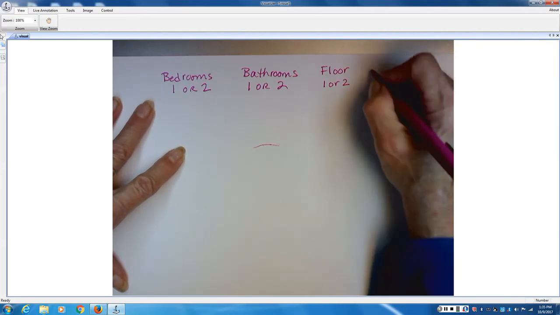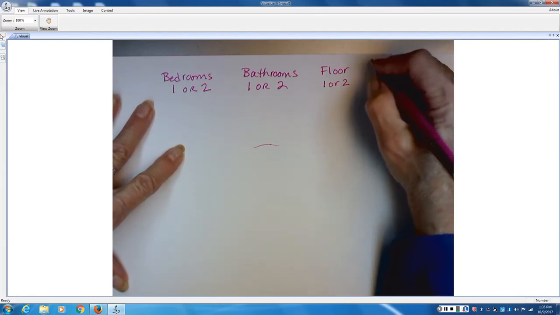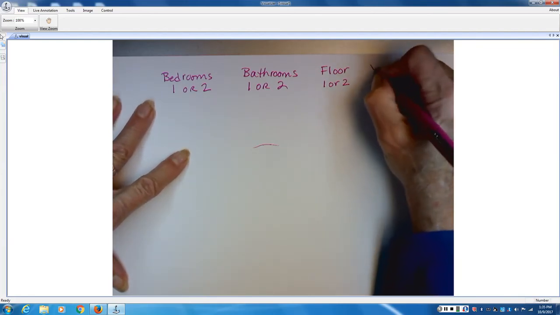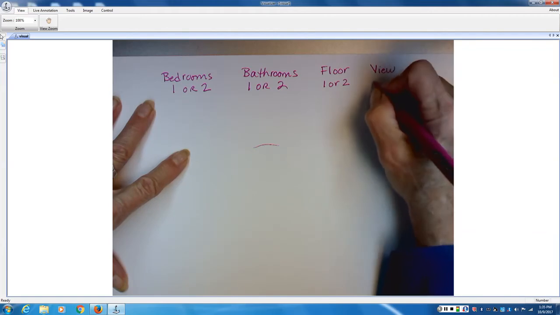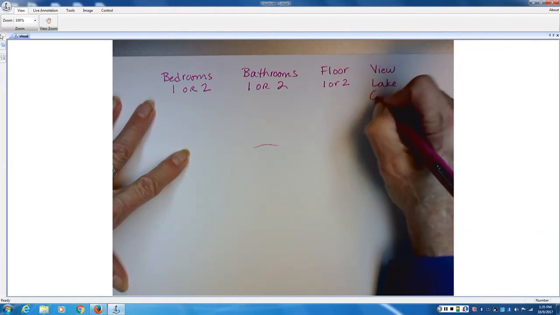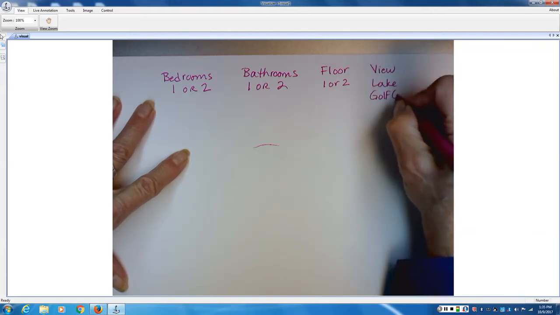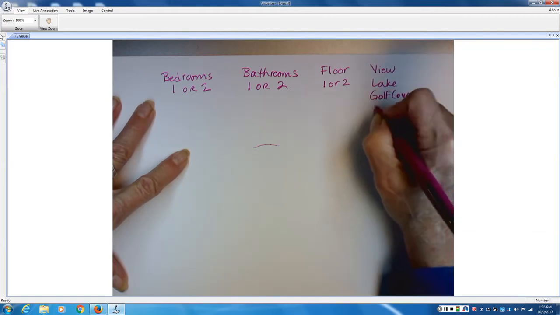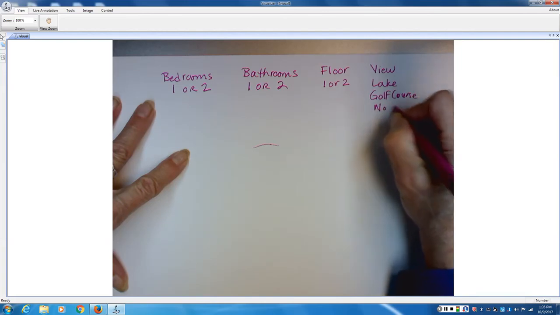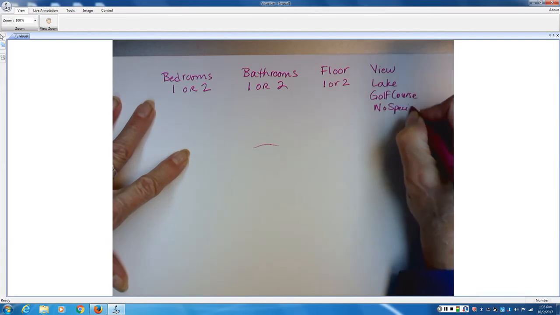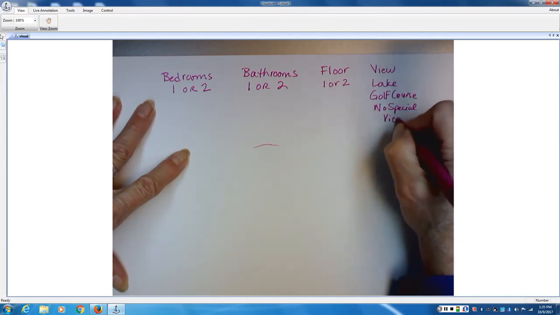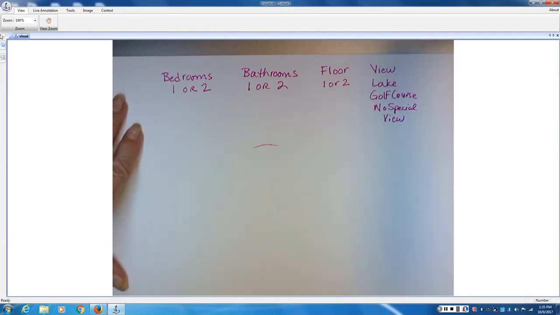And then we had what we wanted to view. Okay, so that was no special view.